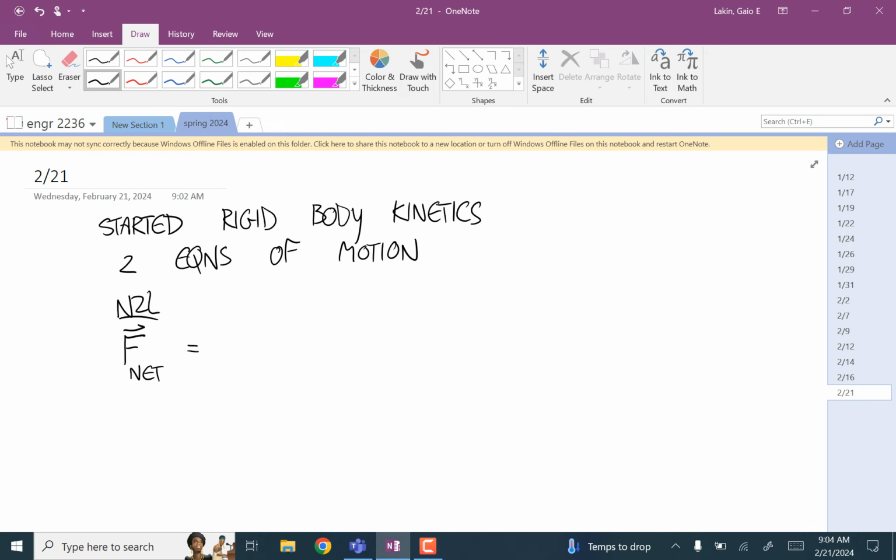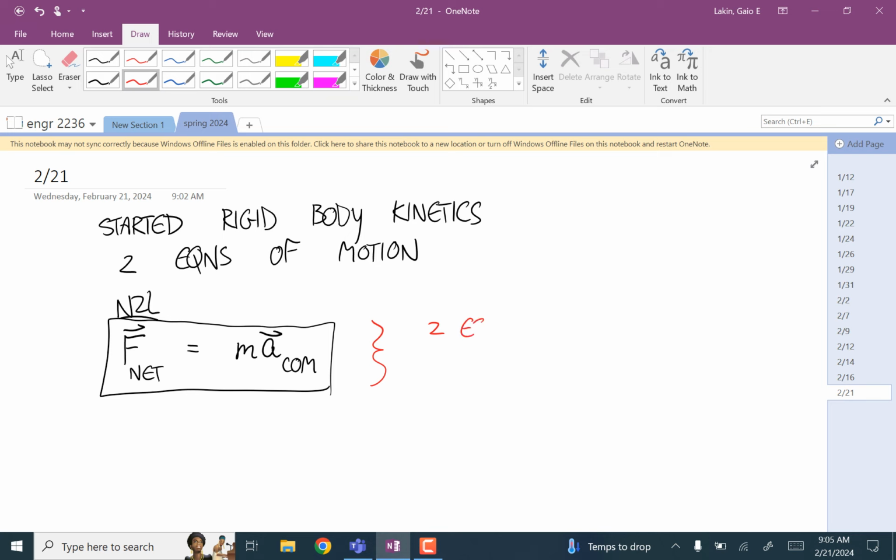That is equal to the mass of the chosen body times the acceleration of what point on the chosen body? Yep. Center of mass, right. So the center of mass is this key thing. And it gives two equations if you're doing a 2D problem in the plane, and three equations if you're in full 3D space.